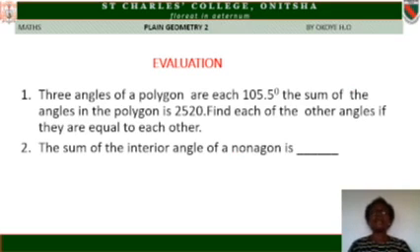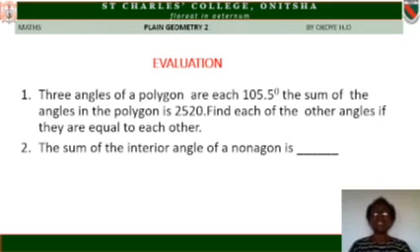Now, in summarizing the lesson, first, we defined geometry, the study of measurements, figures, and their angles. A polygon is a plane figure, a plane shape bounded by straight lines. Now we have the number of sides and name of polygon. A triangle has 3 sides, it is a polygon.